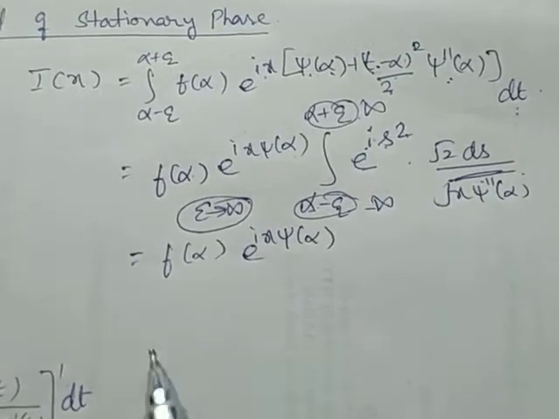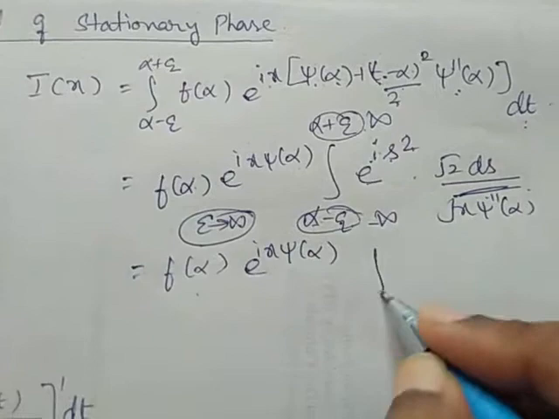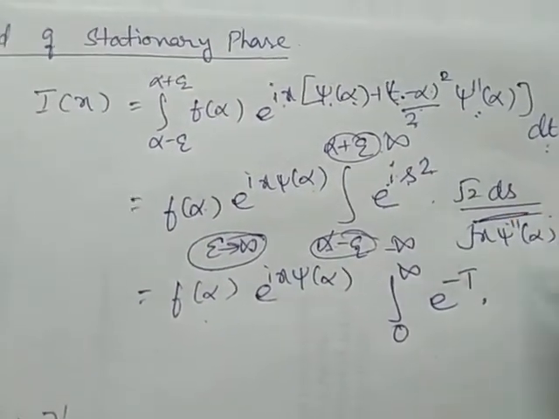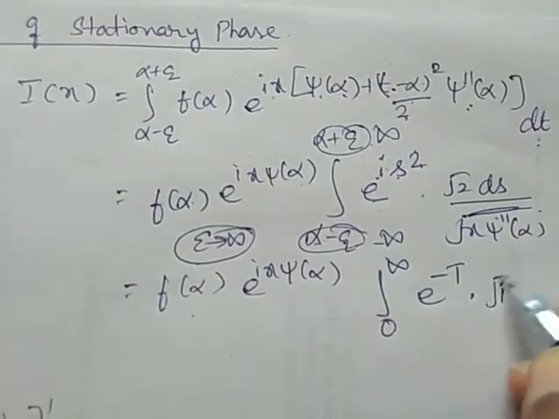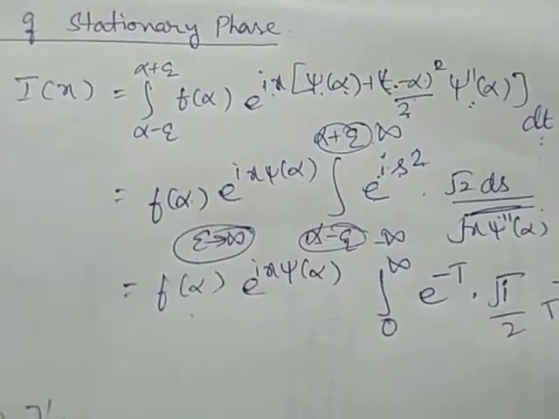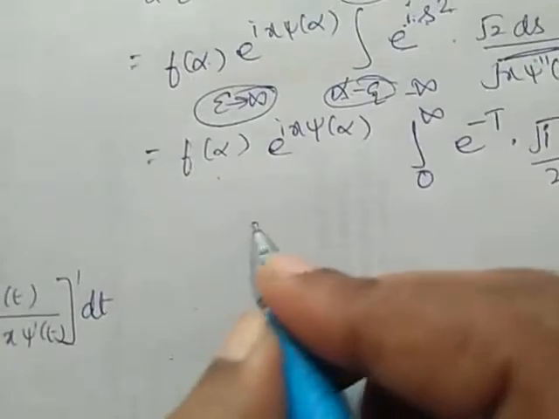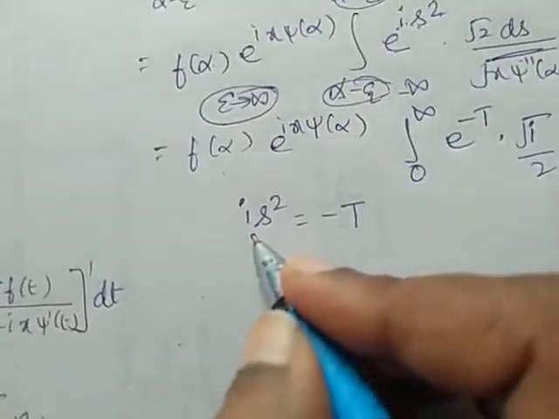Therefore, our integral now becomes 0 to infinity e^{−t}, and the ds term is √i by 2 t^{−1/2} dt. I'll show you how you will get this. Since it is having an imaginary term, I'll show it once. i s², I'm taking it as minus t.